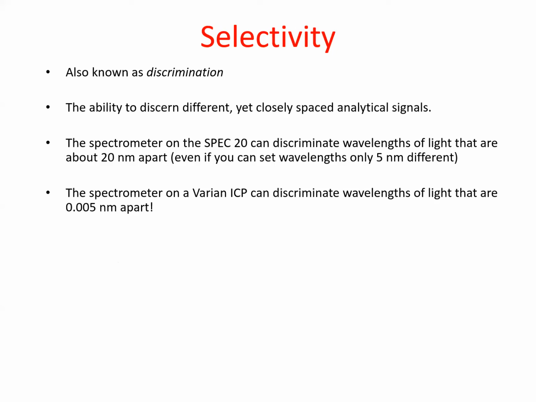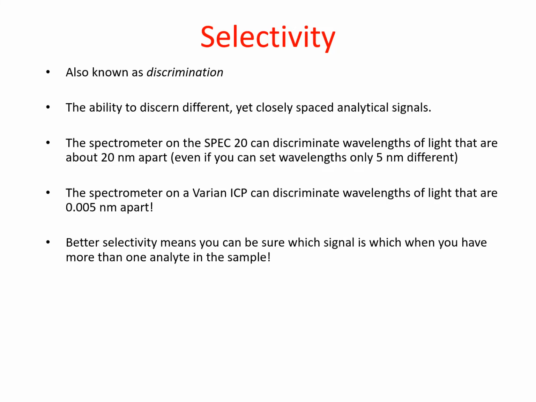So an ICP has a better selectivity than a SPEC20. Notice it can discriminate wavelengths that are 0.005 nanometers apart. It has good selectivity.